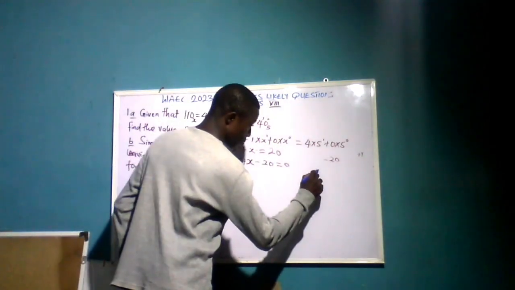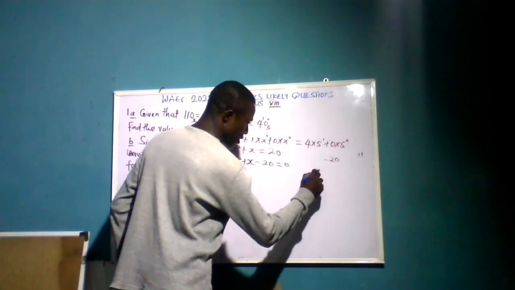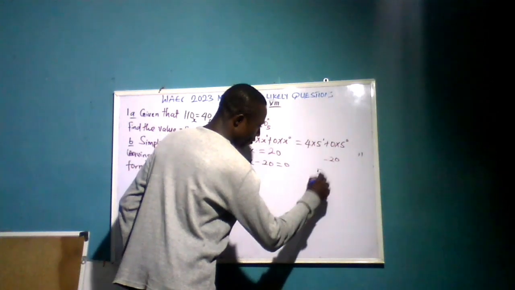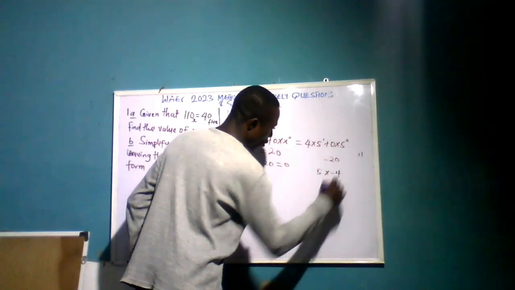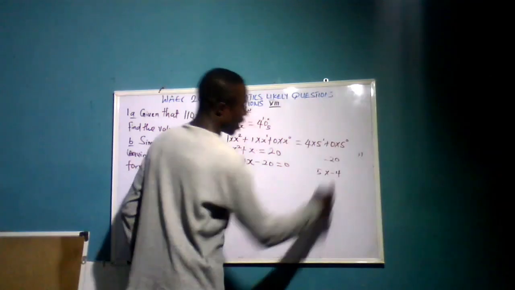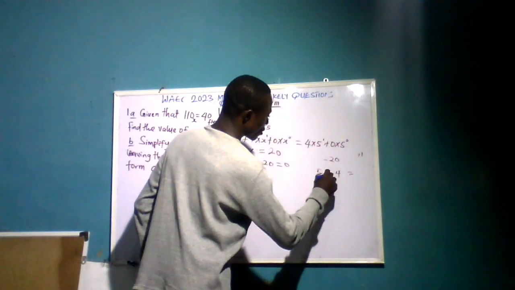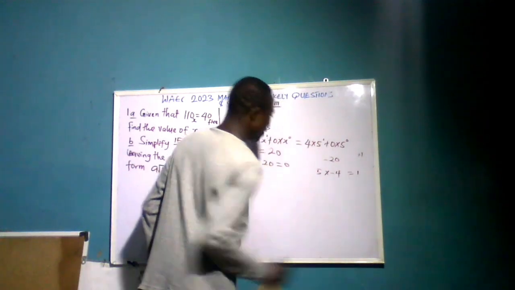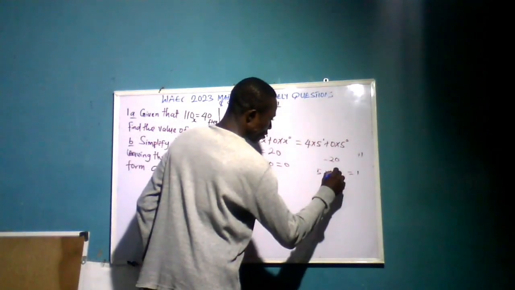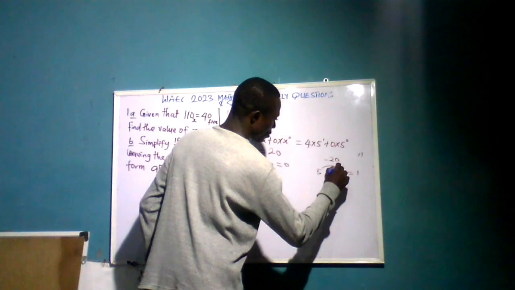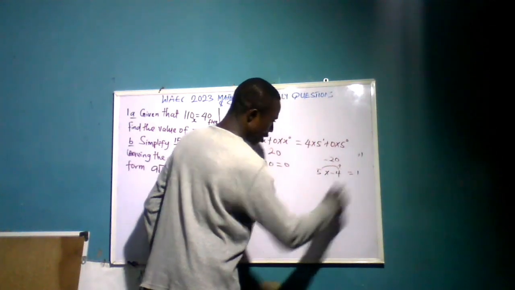Straight away, you know that among all the factors of minus 20, 5 and minus 4 multiply to give minus 20, and when added together give you 1.